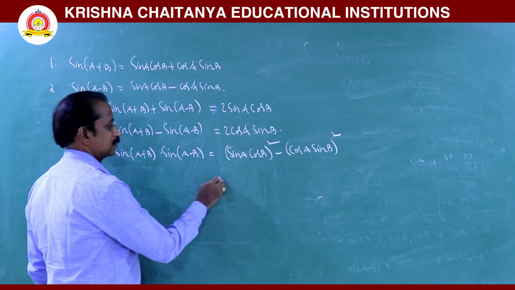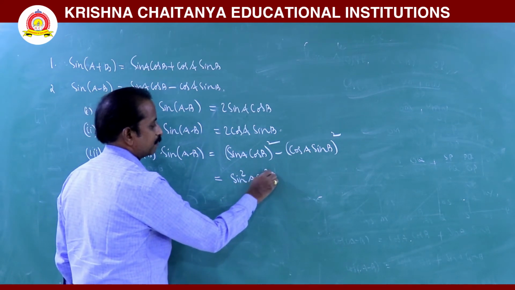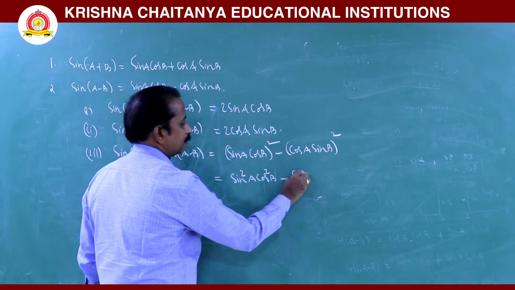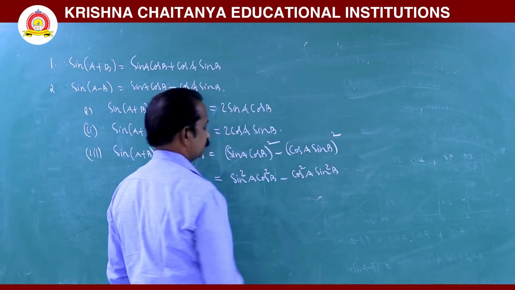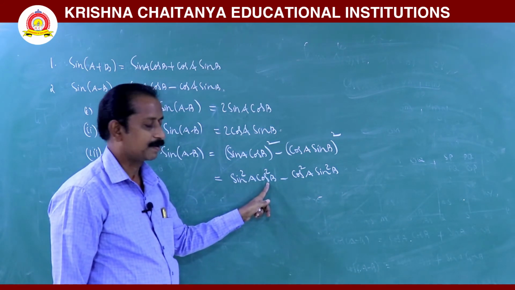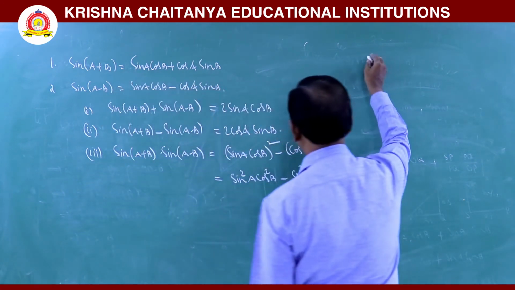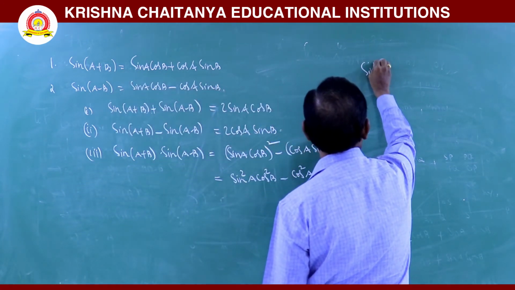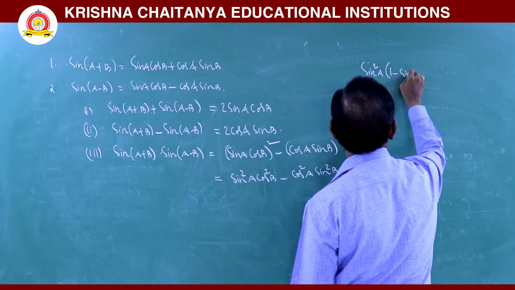So, I can write sin square a into cos square b minus cos square a into sin square b. Instead of cos square b, I can change it to 1 minus sin square b. So, we get sin square a into (1 minus sin square b).